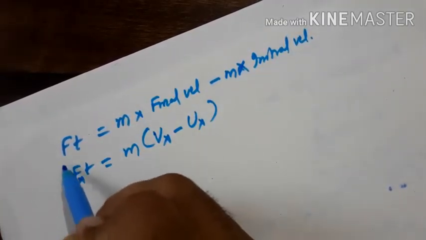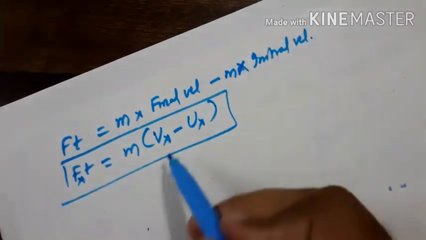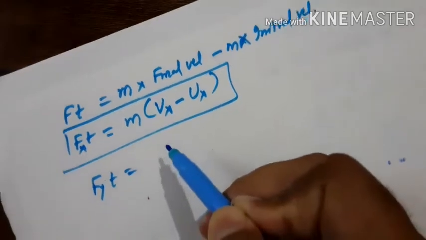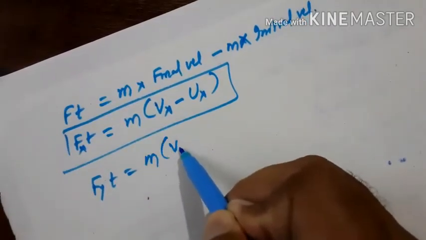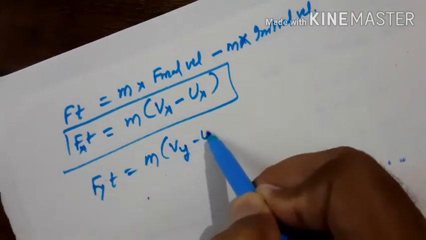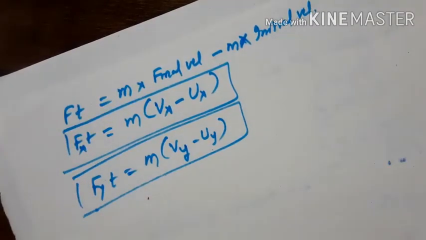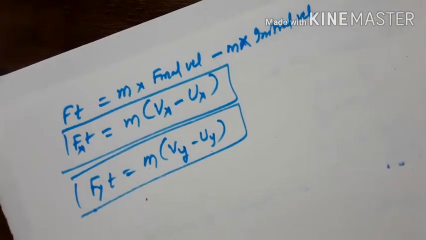So if you are calculating force in x direction, you can write Vx. If you are calculating force in y direction, mass into Vy minus Uy. Okay, so this is the impulse momentum equation.